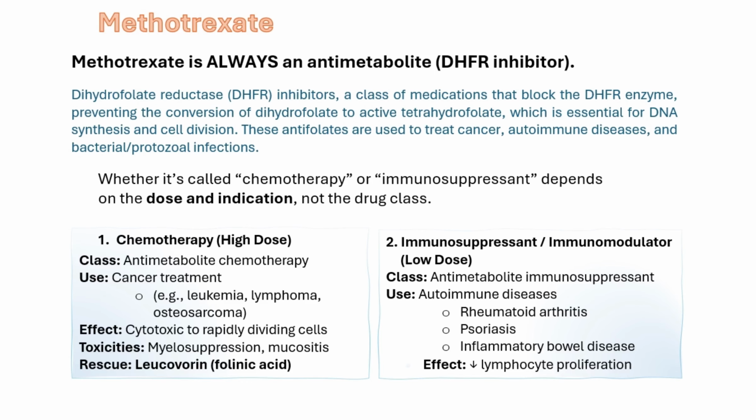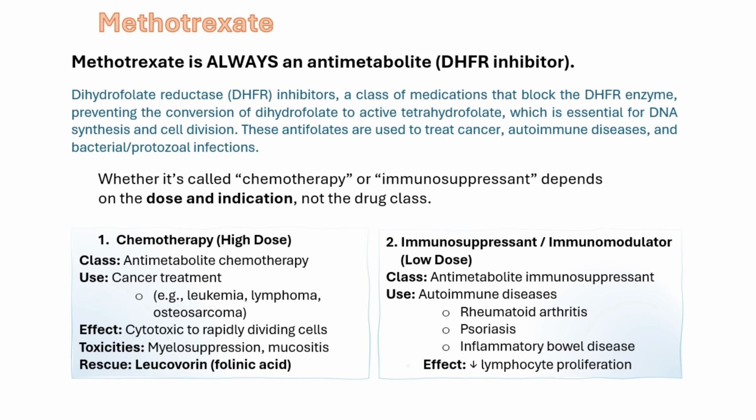1. Chemotherapy, high dose. Class: antimetabolite chemotherapy. Use: cancer treatment, e.g. leukemia, lymphoma, osteosarcoma. Effect: cytotoxic to rapidly dividing cells. Toxicities: myelosuppression, mucositis.